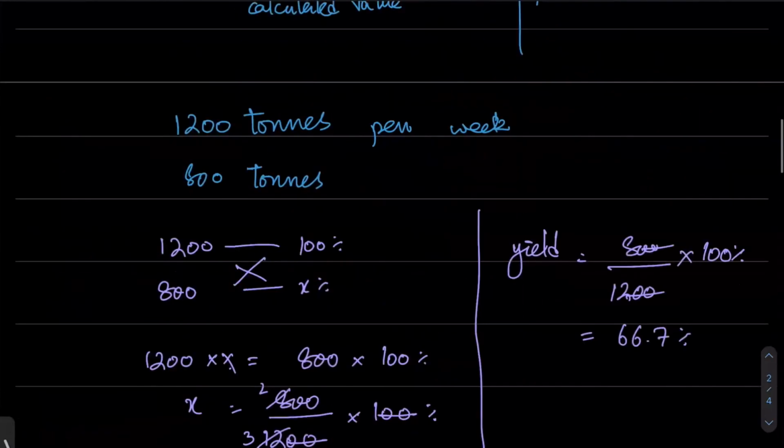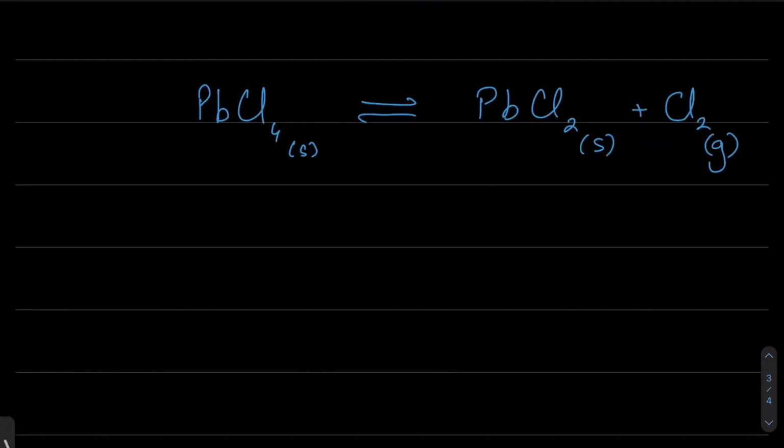Okay, so I'm going to give you a question here. I have this reaction. Tell me, should I keep a high pressure or a low pressure? Pressure depends on gaseous moles. Gaseous moles.